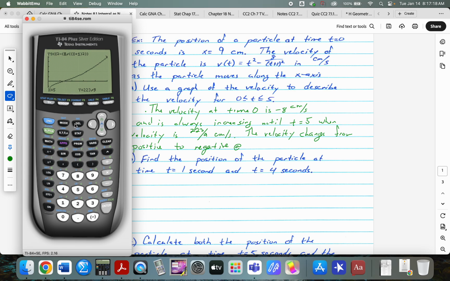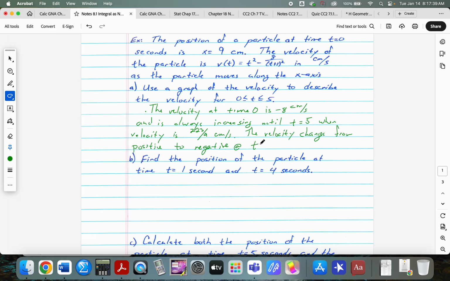It's somewhere between 1 and 2. Find the zero. I'll make the left bound 1 and the right bound 2, and I'll guess 1.23. It's always fun to guess these. Wow, that was pretty good. 1.255. T equals 1.255 seconds.